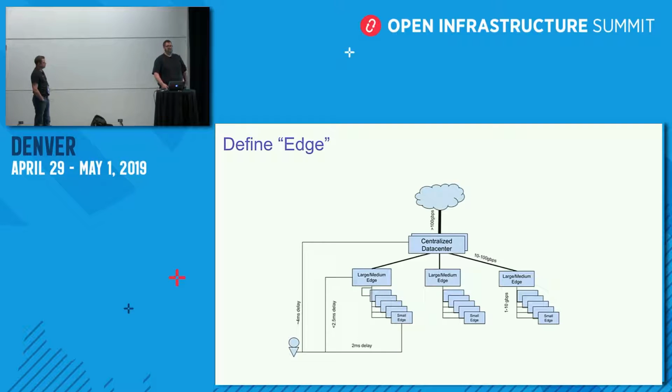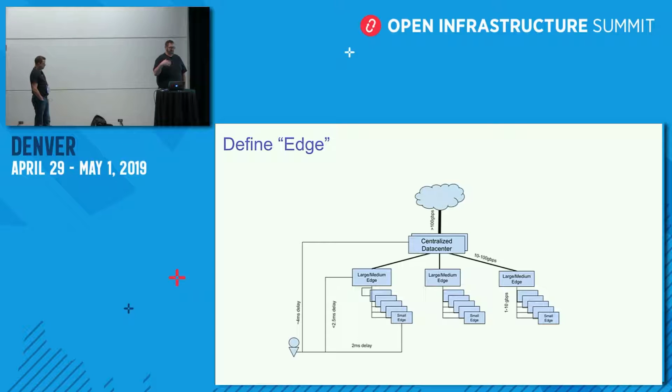So the first thing we did is we decided to define what Edge means. Edge can broadly be broken out into three categories. You have a large centralized data center, which is a pretty traditional thing most of us are familiar with.